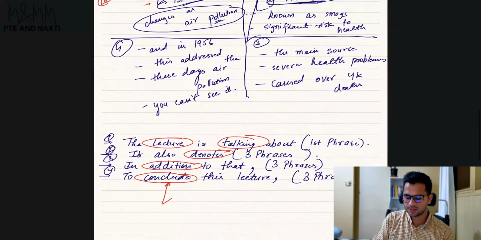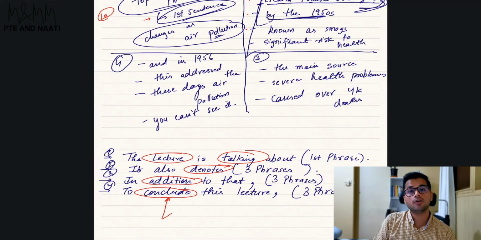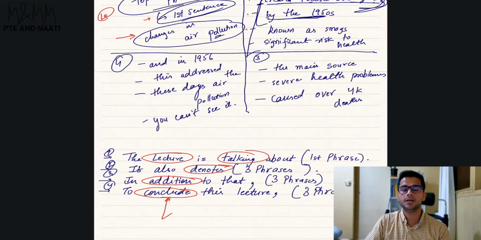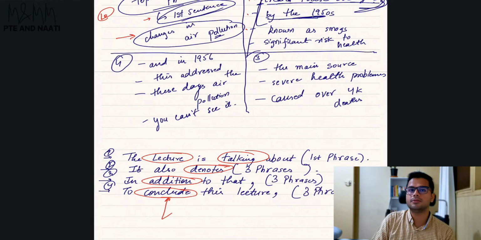Now what I'll do is I'll speak out the answer. I'll speak out my phrases using the template that I've given you. First sentence is the lecture is talking about changes in air pollution. So this is what I do in the exam. Since I've already memorized my template and I've got my notes and my phrases written in front of me, the final step is when the recording starts, I just need to combine them in my mind and then speak it out in a confident and fluent way.